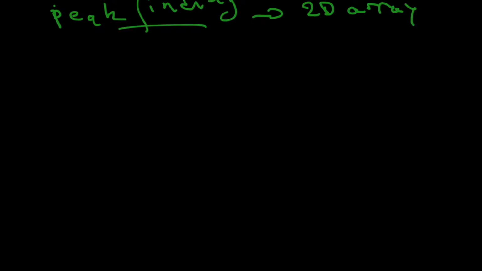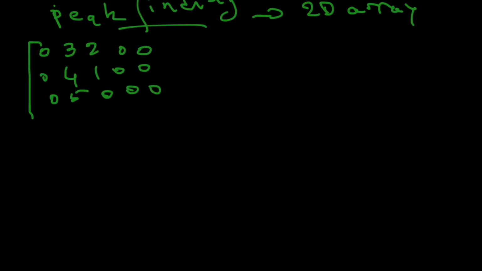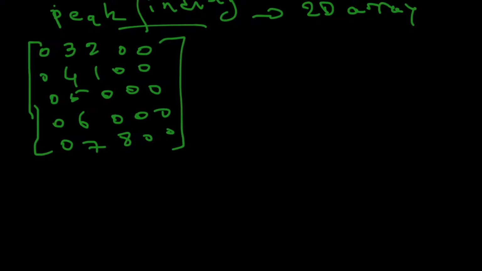So let's say we have this matrix here that has the elements 0, 3, 2, 0, 0, 4, 1, 0, 0, and let's just say 5, 0, 0, 0, 0, 6, 0, 0, 0, and 0, 7, 8. Okay, and we want to find the peak element of this.